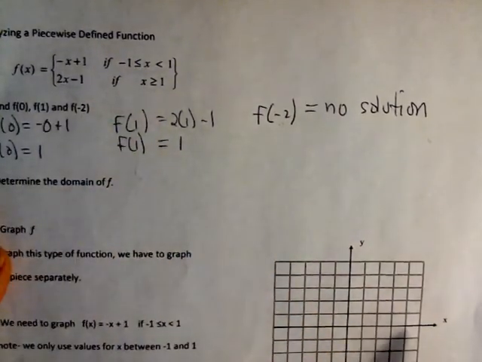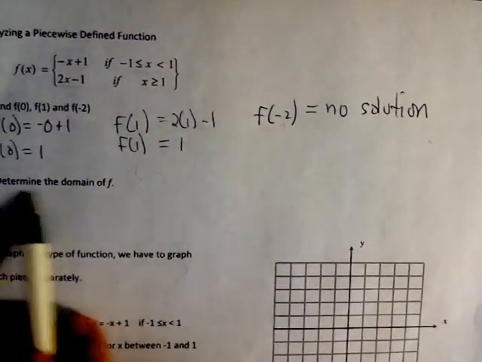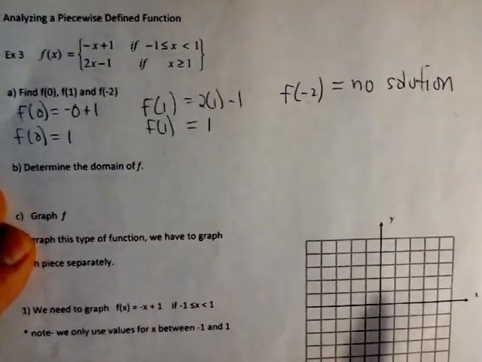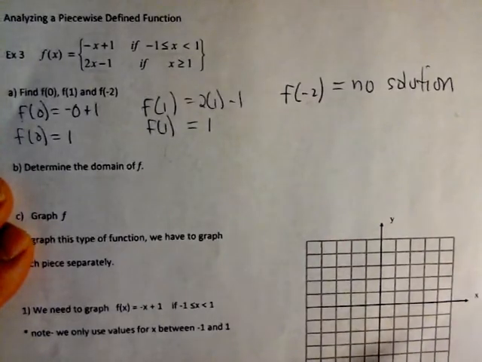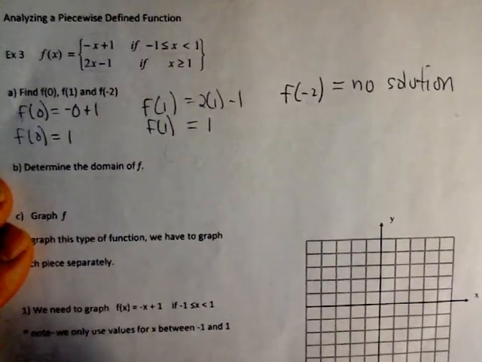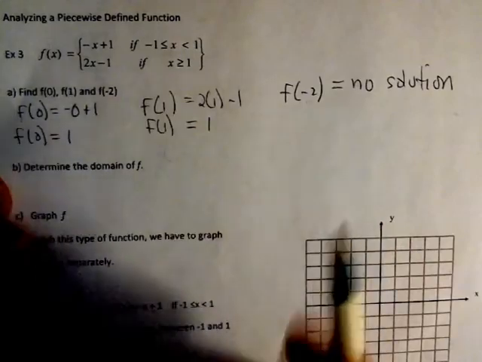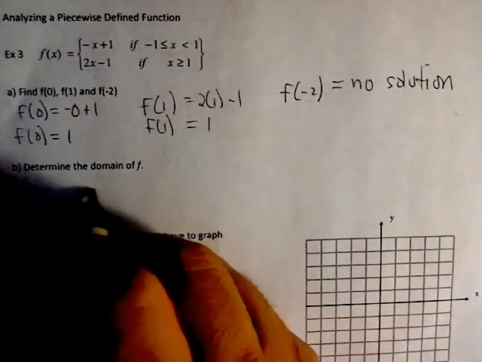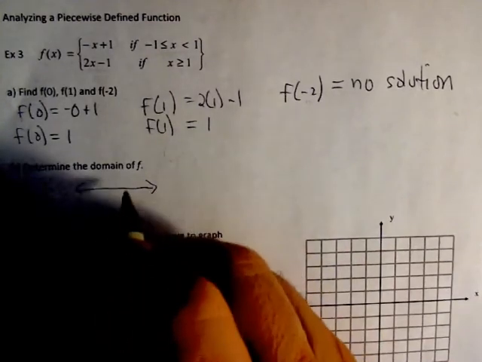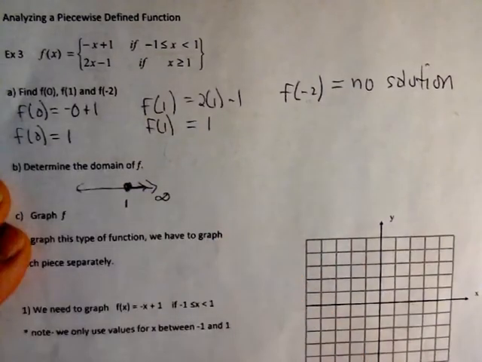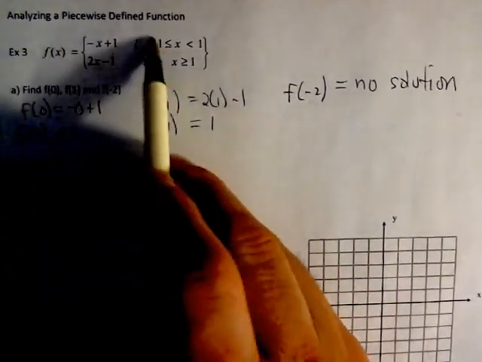That's kind of my cutoff point, which is how I determine the domain. Your domain is your set of x values that can be evaluated for a function. I know I can look at any x greater than or equal to 1. Sometimes the best way to look at this is, I know 1, I'm good. Anything from 1 to infinity, I'm good. Then I look at the other equation.